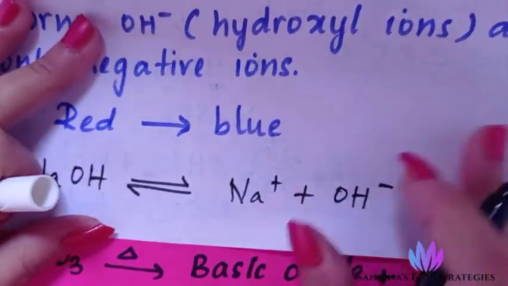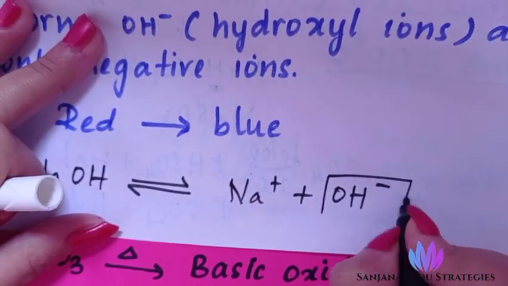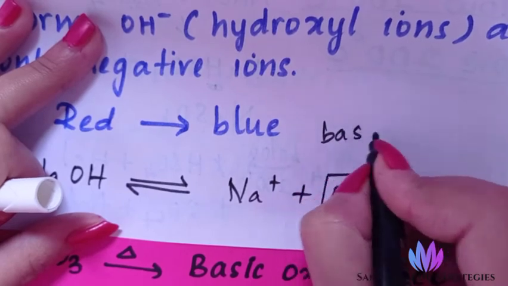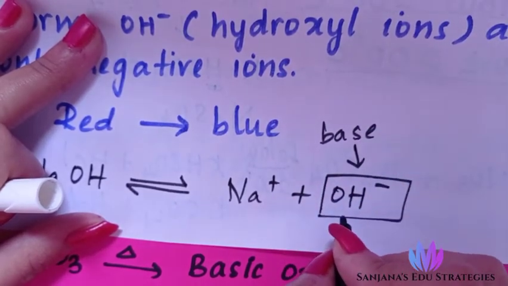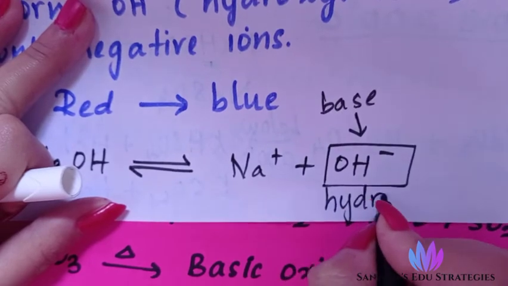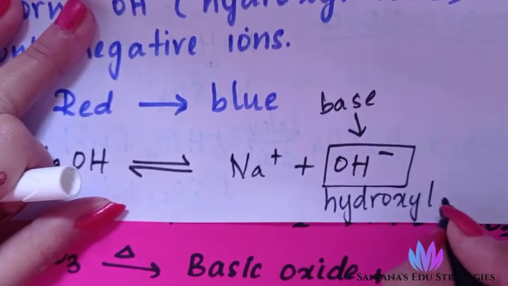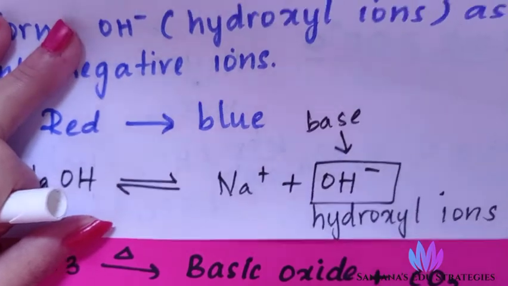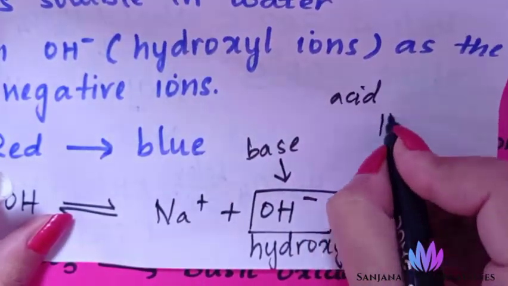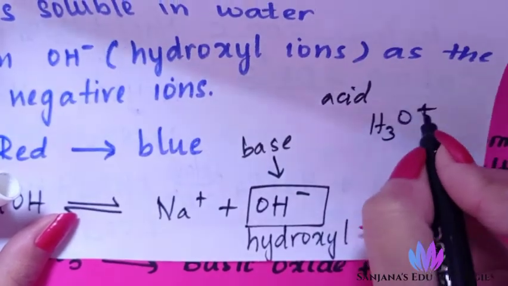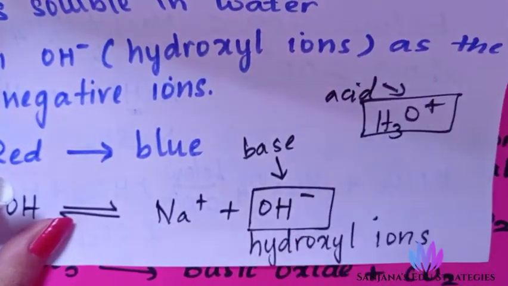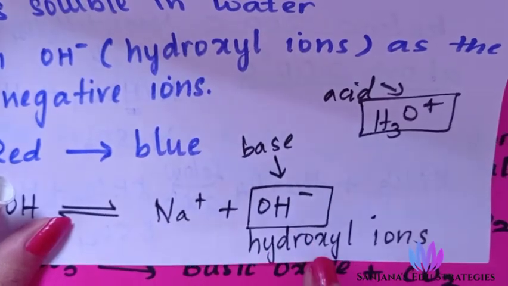So this OH minus ion is produced by the base. This OH minus ion is called hydroxyl ion. We know already acids produce hydronium ions. Bases produce hydroxyl ions.